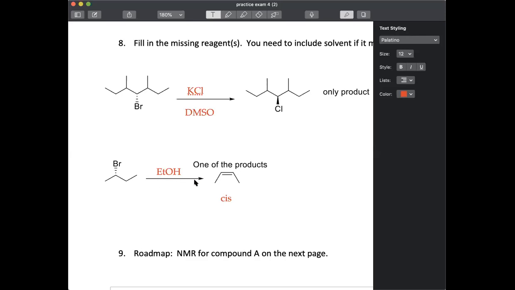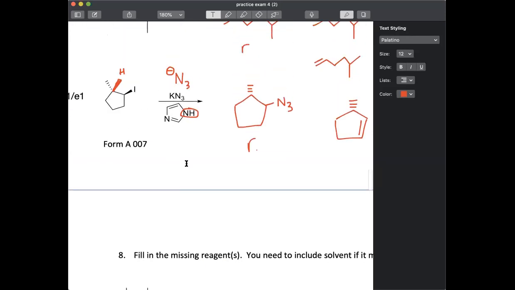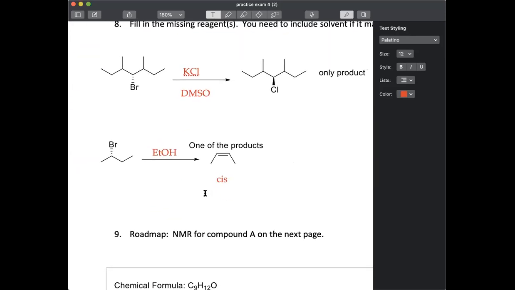And so I think doing solvolysis would have been the best option. And again, there'll be multiple choice, so at least given that, you could go through each option and think about it. Okay.